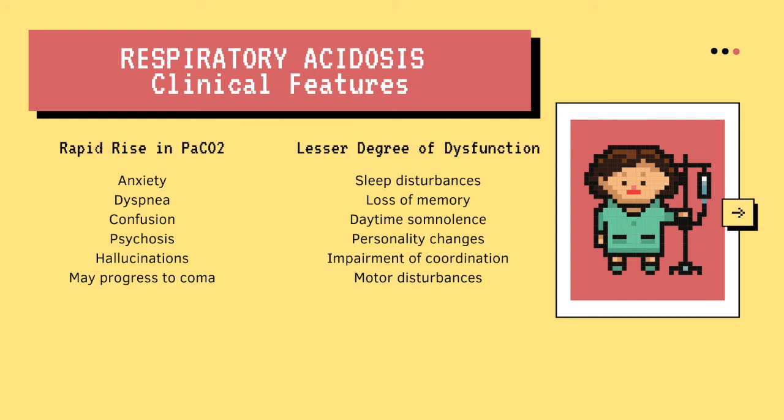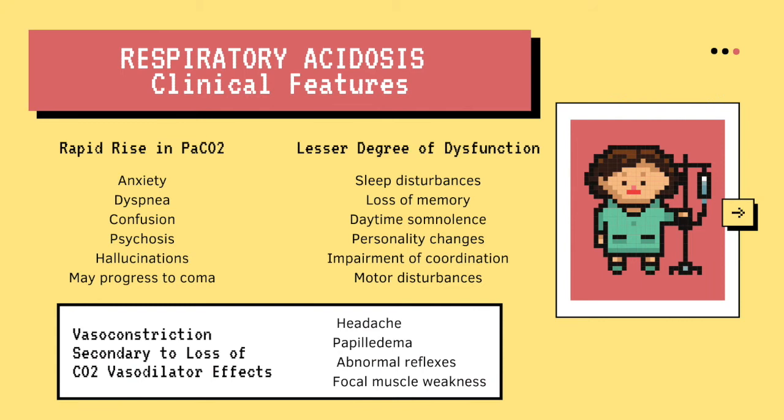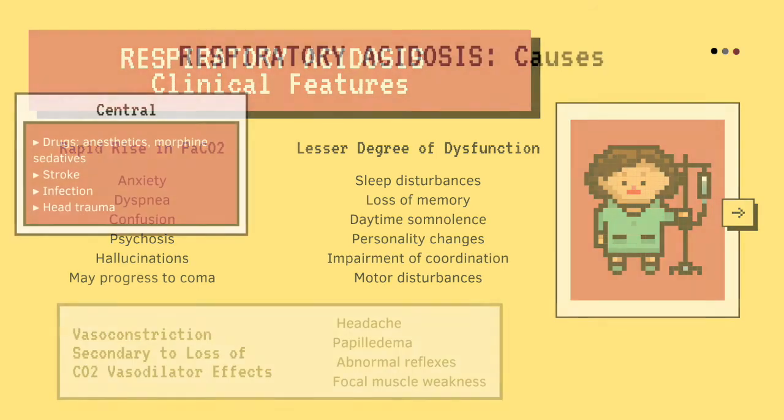Lesser degrees of dysfunction include sleep disturbances, loss of memory, daytime somnolence, personality changes, impairment of coordination, and motor disturbances. Lastly, vasoconstriction secondary to loss of carbon dioxide vasodilator effects may mimic raised intracranial pressure, such as headache, papilledema, abnormal reflexes, and focal muscle weakness.